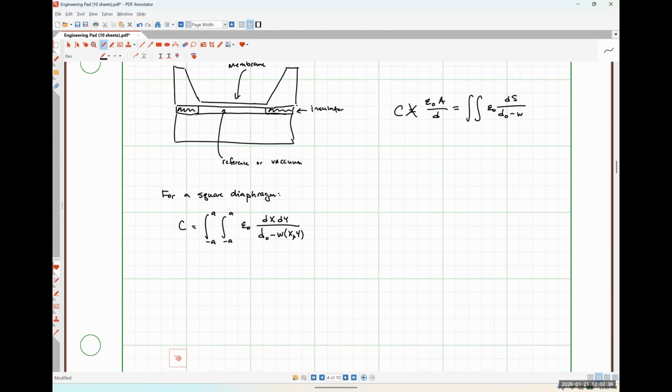This integral has no closed form solution.